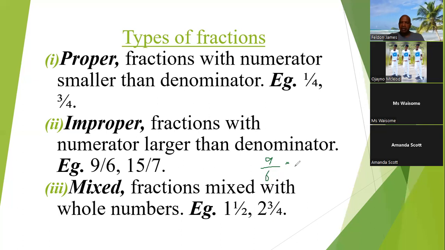And if you do that, you'll realize you can get only one 6 out of 9. And when you take out that 6, that means you take out 6 slices out of 9 slices. And how many slices remain? So we have 3 slices out of 6.